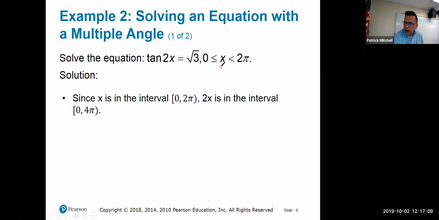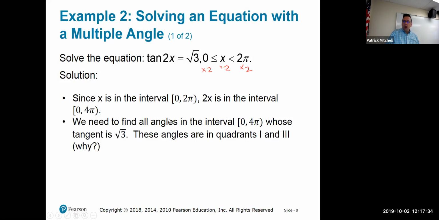So if x is between 0 and 2 pi, that means that 2x is between 0 and 4 pi.